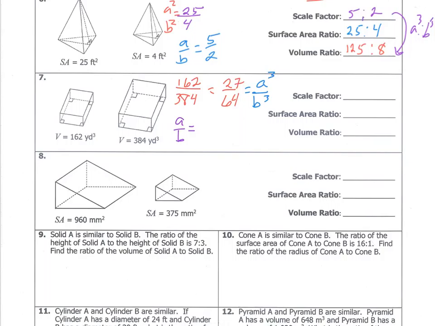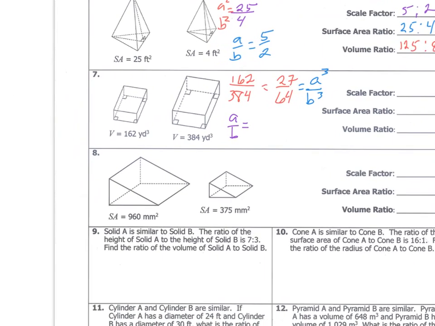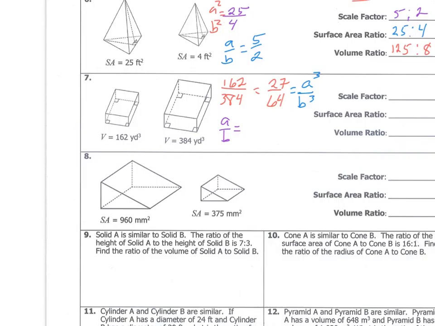So on your little calculator, you should have, look above the key that looks like this, above your y to the x key, in a different color, an x root of y.